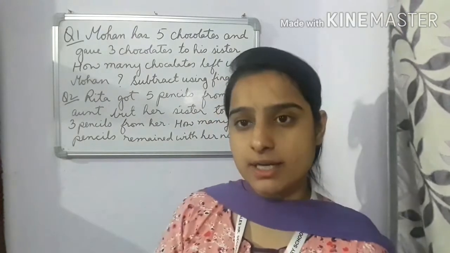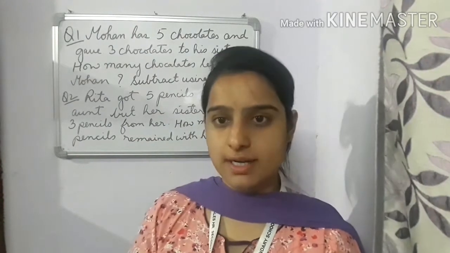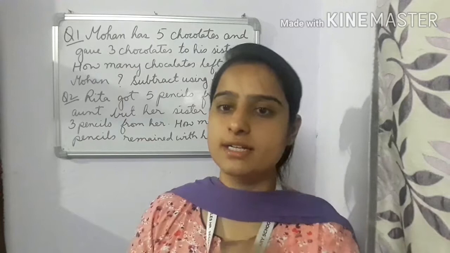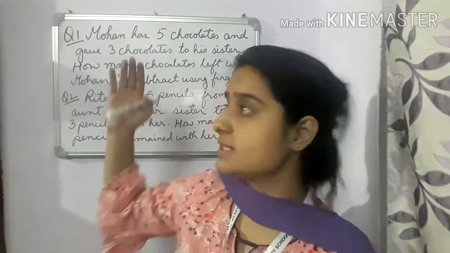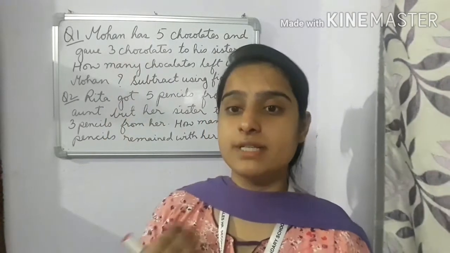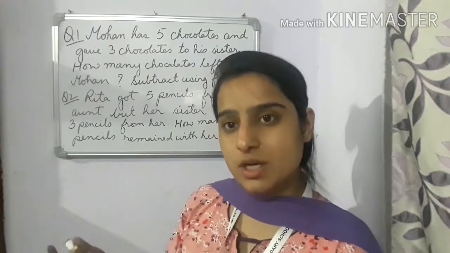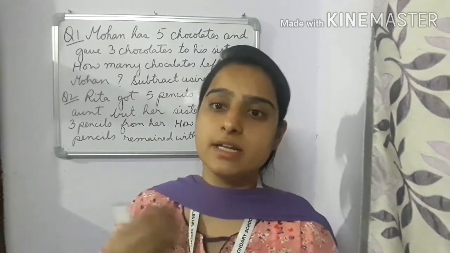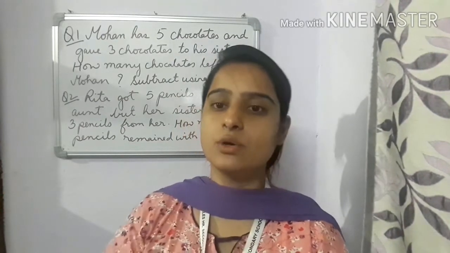So we get chocolates and we give back chocolates, and then we see how many chocolates remain with us, right? So this is based on our daily life. So you do it yourself. In case, children, we can apply this in our daily life also. Suppose you get something and you give something from that. That means what remains with you.